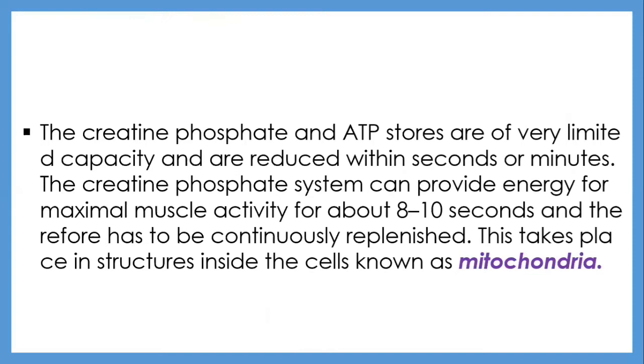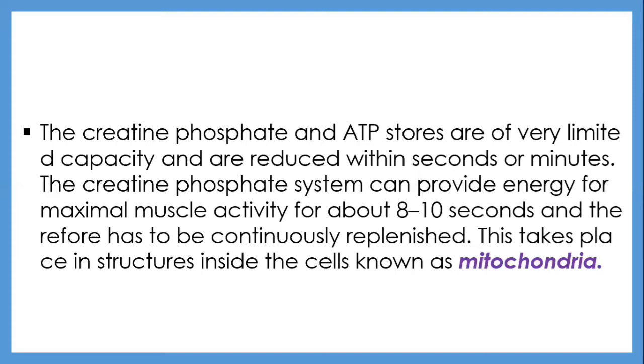Now, the creatine phosphate system can actually provide energy for maximal muscle activity for about 8 to 10 seconds and therefore has to be continuously replenished. This takes place in structures inside the cells known as mitochondria.